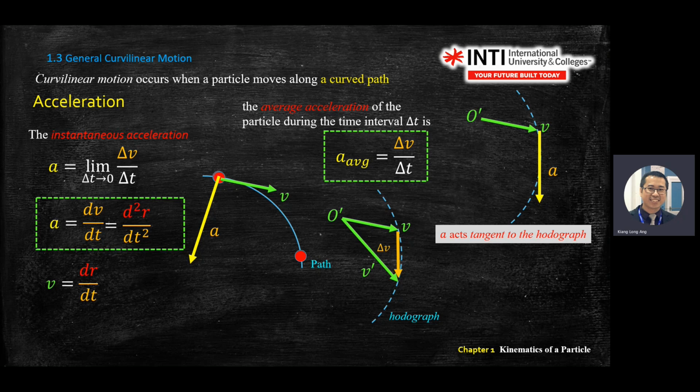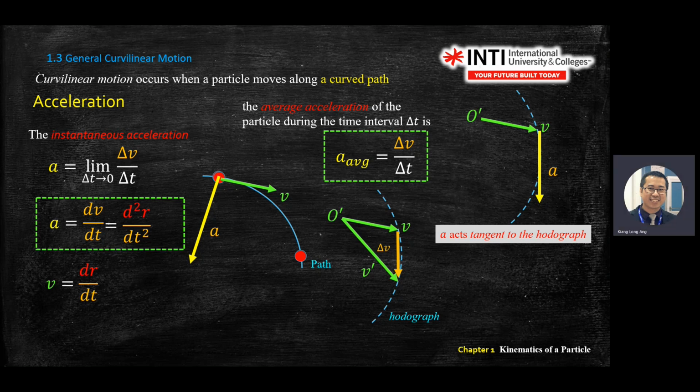One is on the far right, which is the hodograph. Usually we don't use the hodograph, but we will use this diagram in the center of the screen. So there are two ways of drawing velocity and acceleration. Acceleration always points towards the center of the curve. Okay, so there are two skill sets here, one is the V vector, one is the A vector.